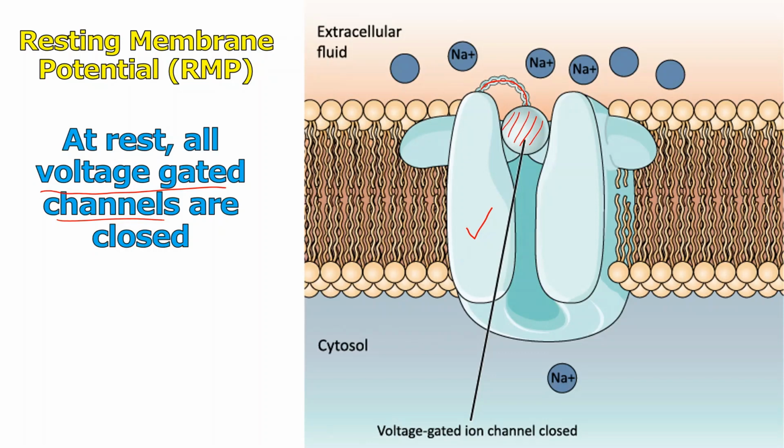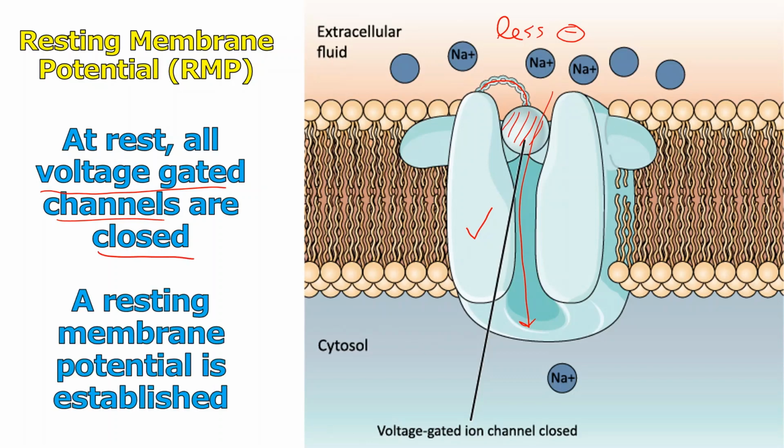If it's hit, if you want to use that term, with some stimulus, if we can make the voltage a little less negative, that ball and chain will move out of the way, and sodium ions can rush into the cell freely. But right now it can't because the channels are closed at rest.